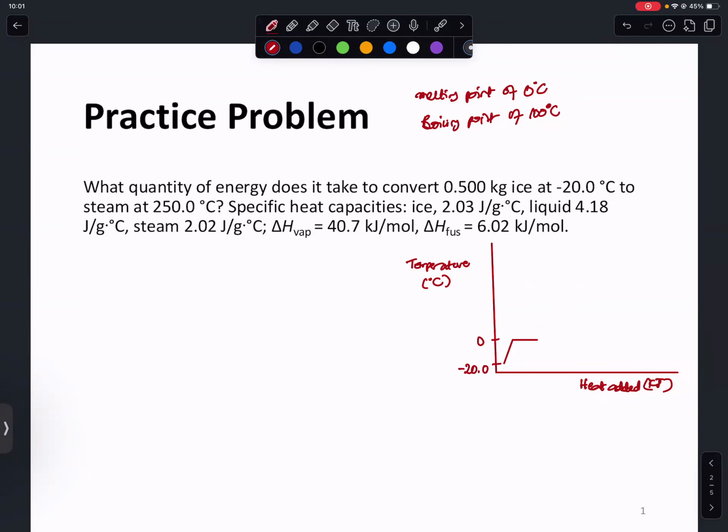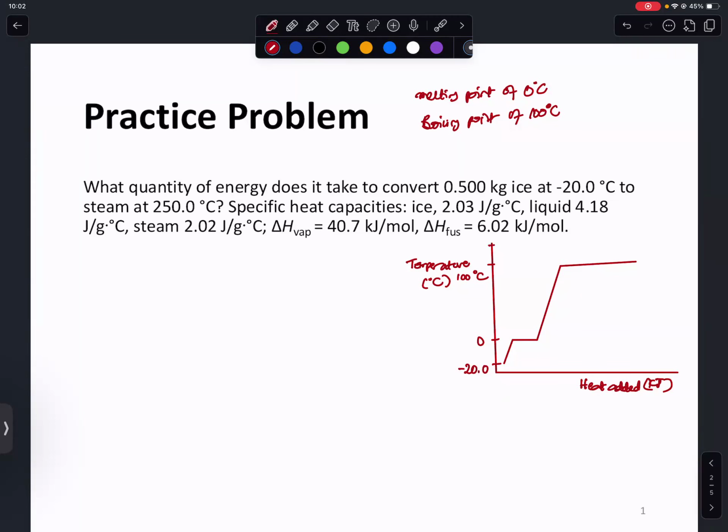And after the phase change, I will go from 0 to 100 degrees Celsius. Okay, and then I will have a phase change, and note the line is a little bit longer because I am diminishing all the intermolecular forces between the water molecules to convert it to a gas.